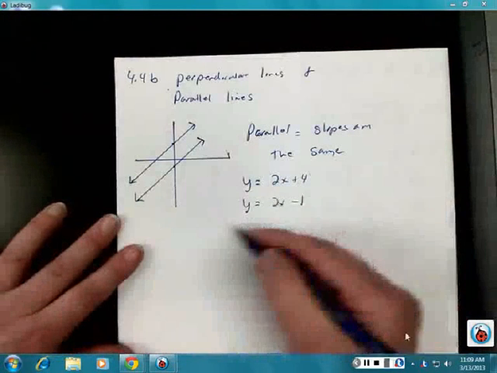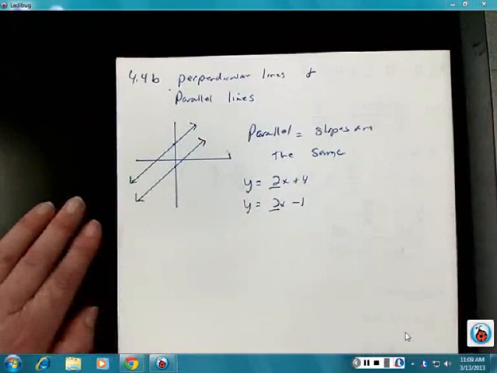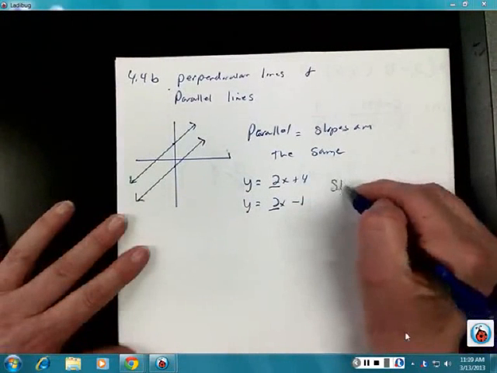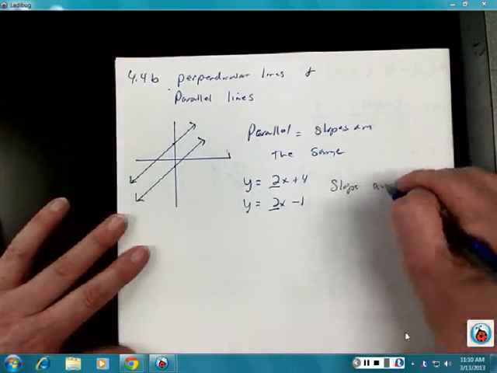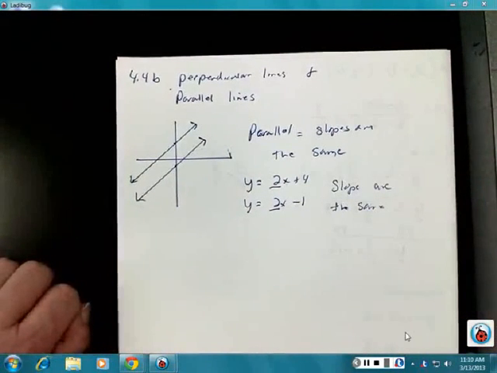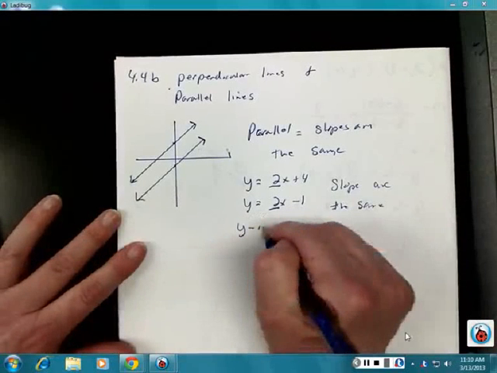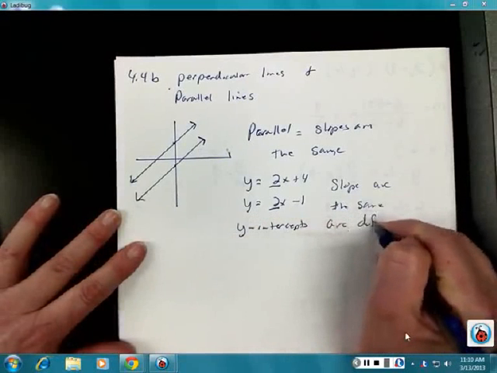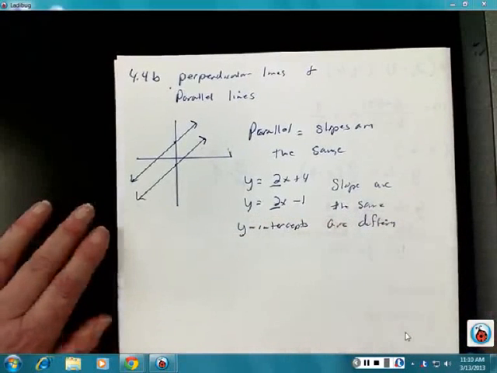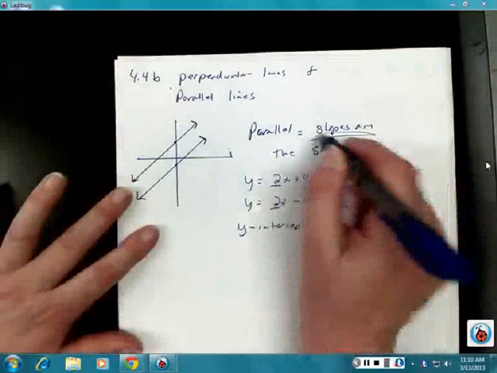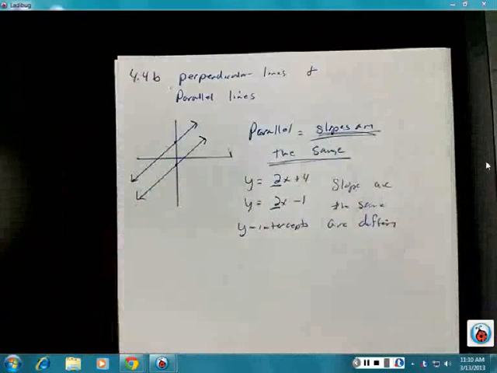These might be parallel because the value in front of x, which is your slope, is the same. The y-intercepts are different. So parallel lines have the exact same slope. Keep that in mind, because that is the key to everything. The slopes are identical to each other.